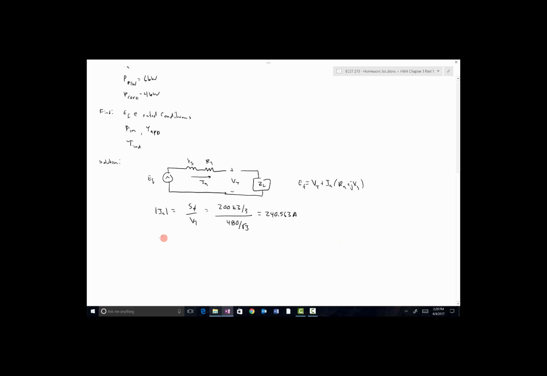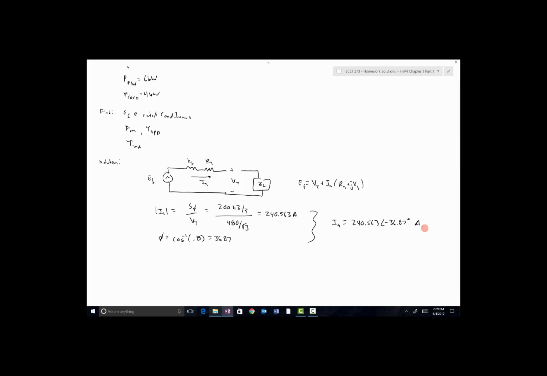And then I can determine the angle of that current by taking the inverse cosine of the power factor. That means at rated conditions, IA is equal to 240.563 at an angle of negative 36.87, the negative because that's a lagging value. So that gives us that number.